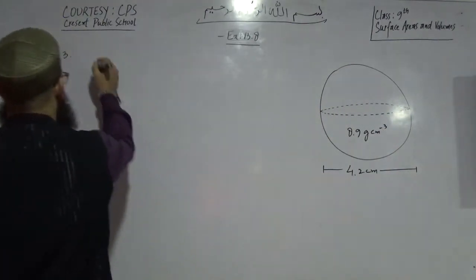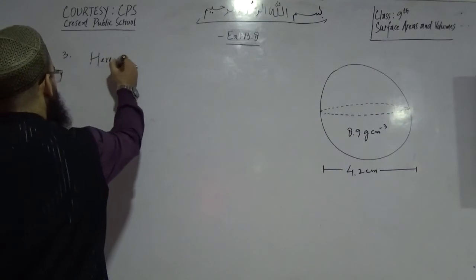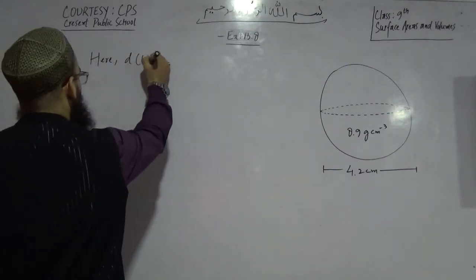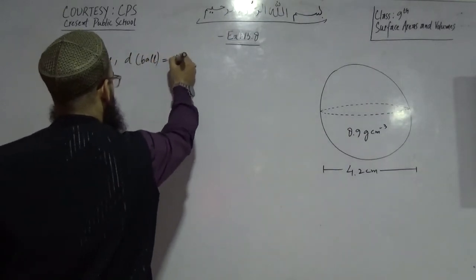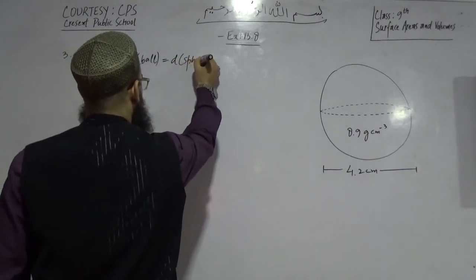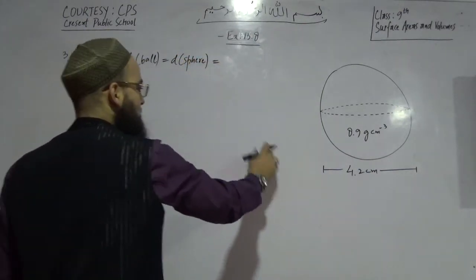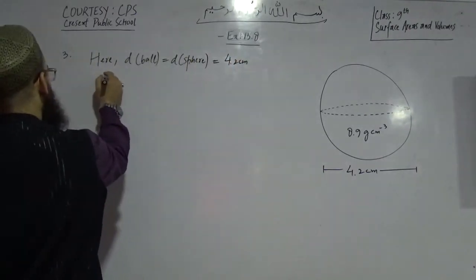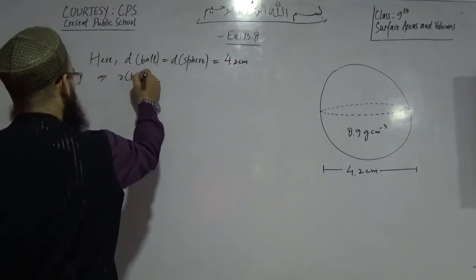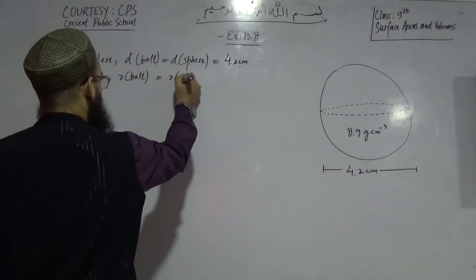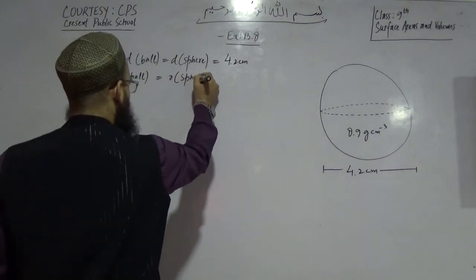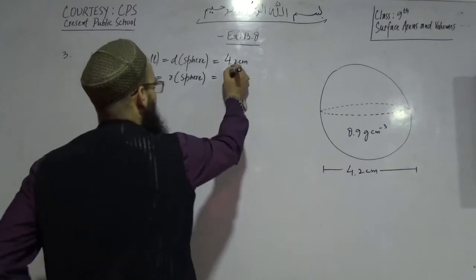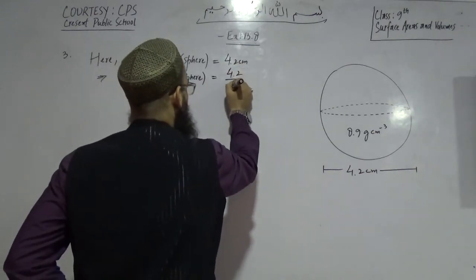Let us start with the diameter here. Diameter of ball is the diameter of sphere, and that is given, that's 4.2 centimeter. Which implies that radius of ball is equal to radius of sphere, and that is equal to 4.2 divided by 2.